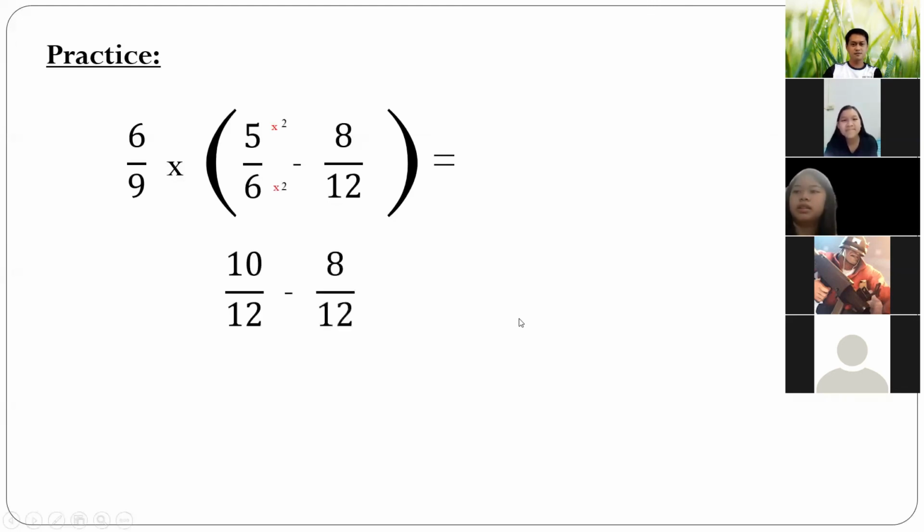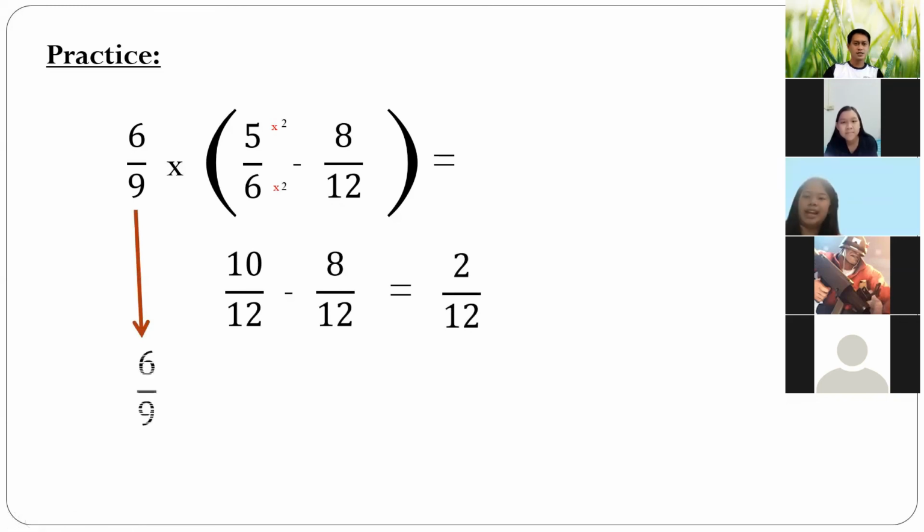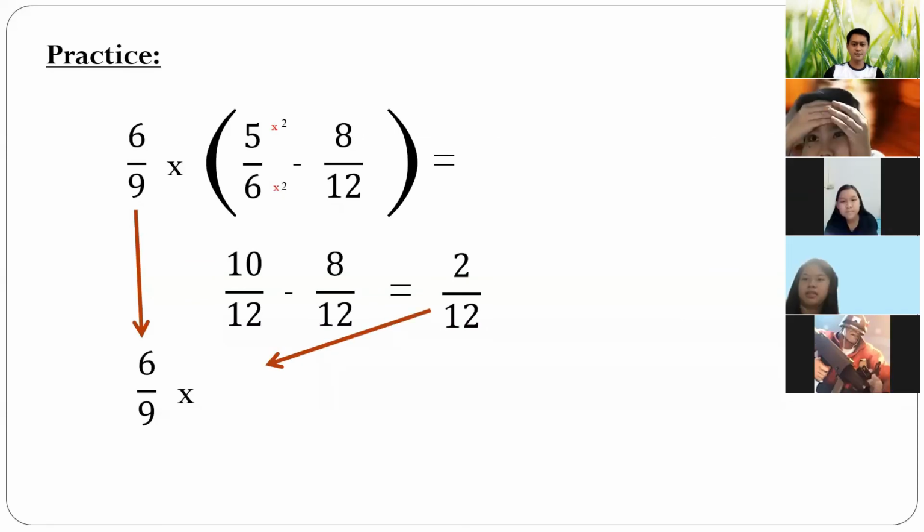10 over 12 minus 8 over 12 is 2 over 12. So let's proceed to the next operation. 6 over 9 times 2 over 12. So we can cancel out some numbers. It's 6 and 12.